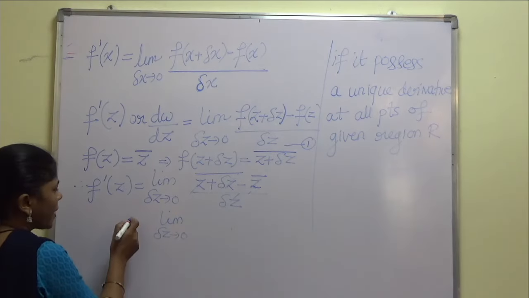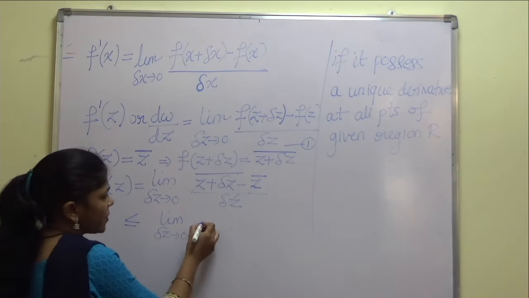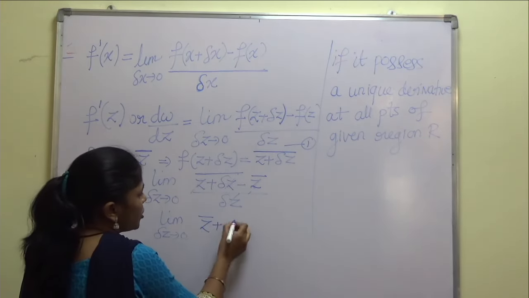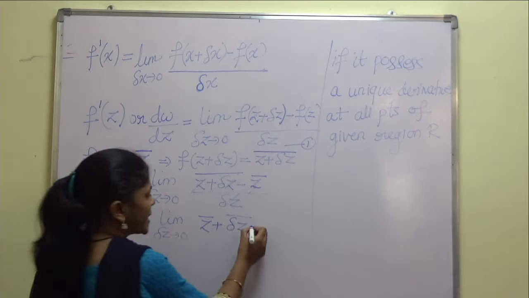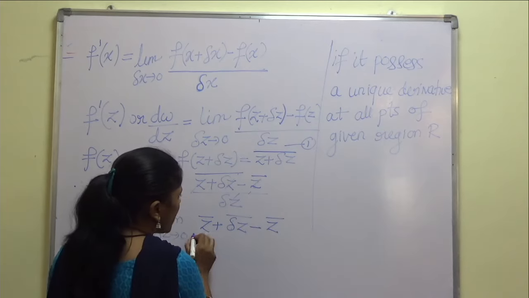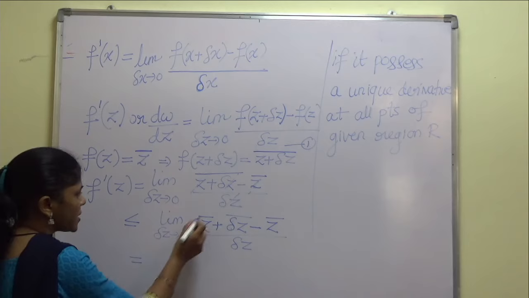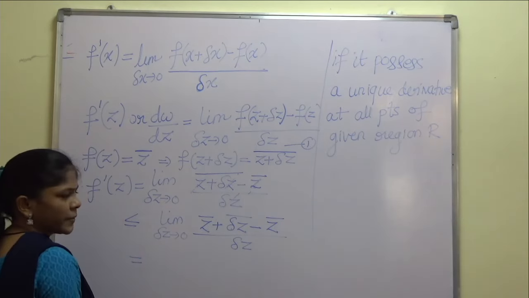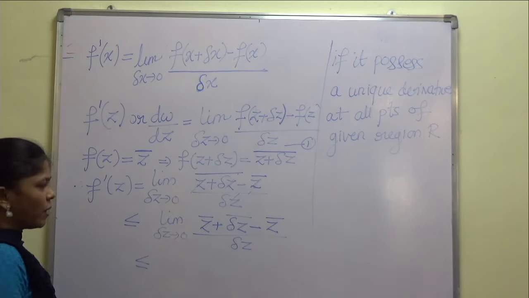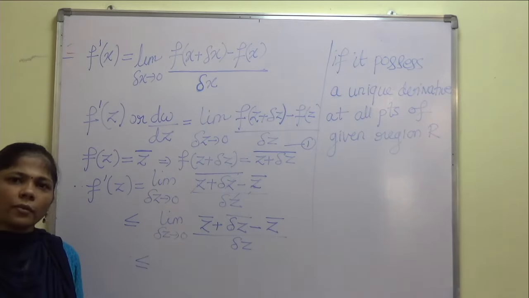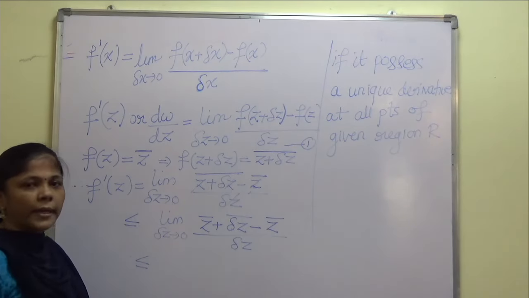As per the triangle inequality, it is less than or equal to conjugate of z plus conjugate of delta z, minus conjugate of z, upon delta z. This will get cancelled and we will have values less than or equal to. What the conjugate of delta z is, you can find out. So here we are not getting a value equal to, we are getting a value less than or equal to.